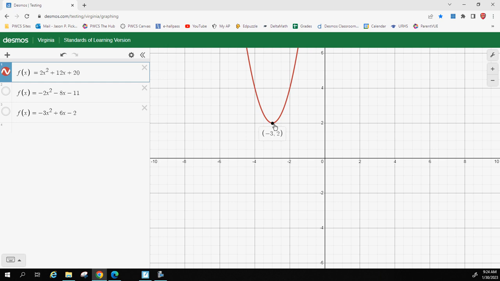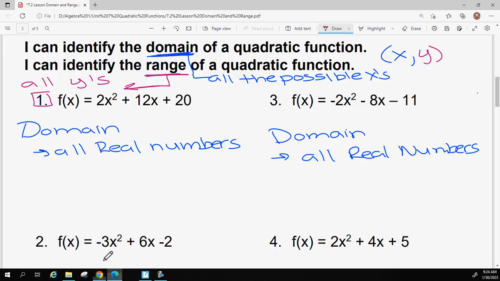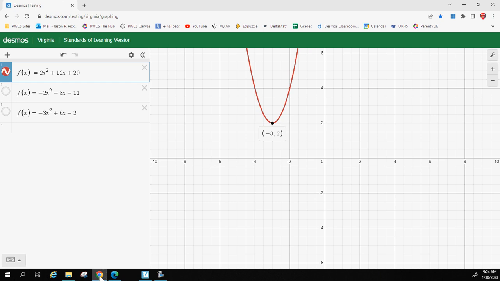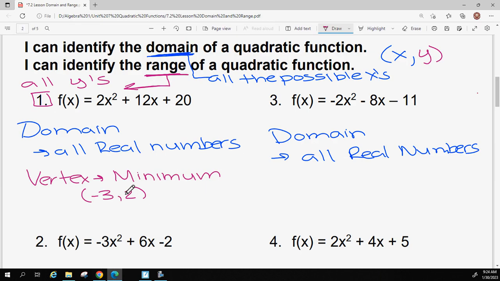And so we can call this vertex a minimum. So this vertex is a minimum because that's as far as it will go down. And when we're talking about the range, the thing we want to look at is the number for y.